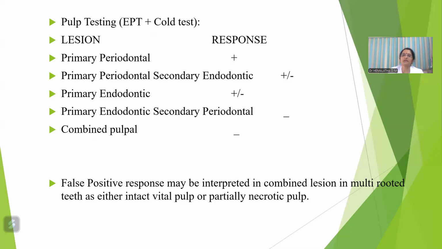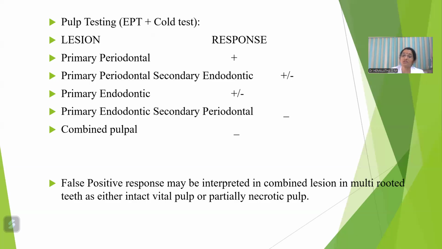In electric pulp testing, whenever there is a primary periodontal lesion, the response may be positive. If it is a primary periodontal and secondary endodontic lesion, you might have a mixed response. In a primary endodontic lesion also, you might have a mixed response, whereas in primary endo with secondary periodontal and combined pulpal and periodontal lesions, you will always have a negative response.